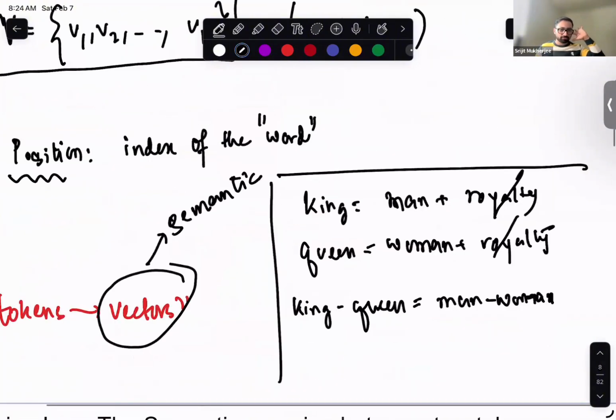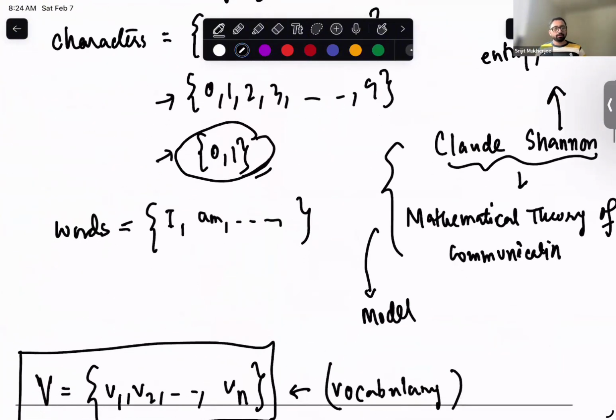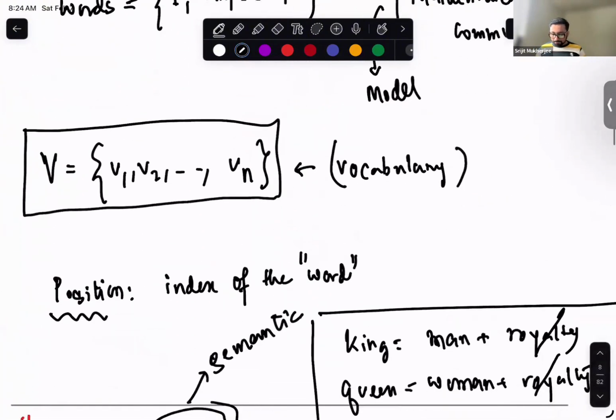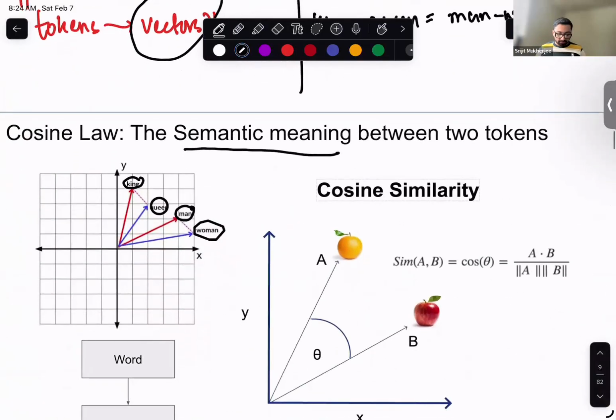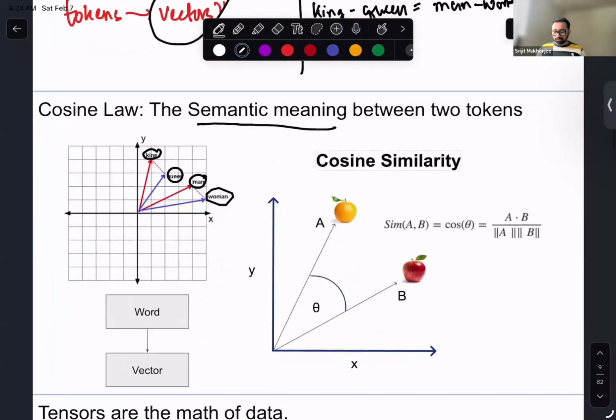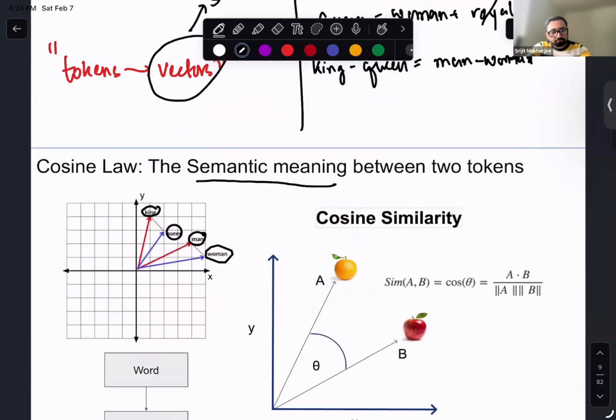No. It has nothing to do with information entropy. You should read more about this, Riya. You should read this book called Introduction to Information Theory. I have it in my lab.